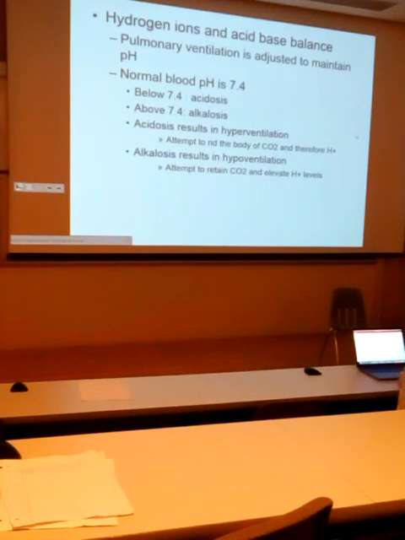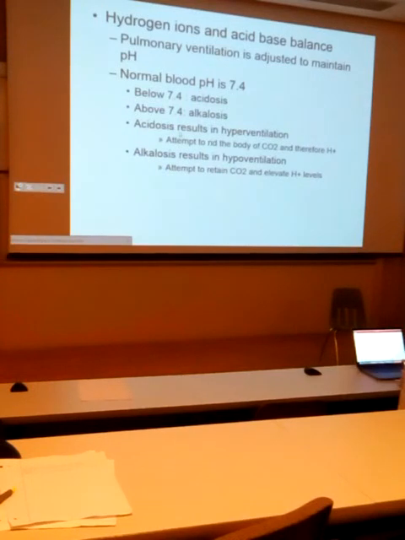A little bit about acid-base balance. When we get to kidney, we speak a lot about this, but this talks about the role of the respiratory system and acid-base status. So pulmonary ventilation is adjusted to maintain pH. Normal blood pH, for the purposes of this course, is 7.4. There is a range of normals, but it makes it easier to address it this way. So for us, anything below 7.4 is considered acidosis. Anything above is alkalosis.